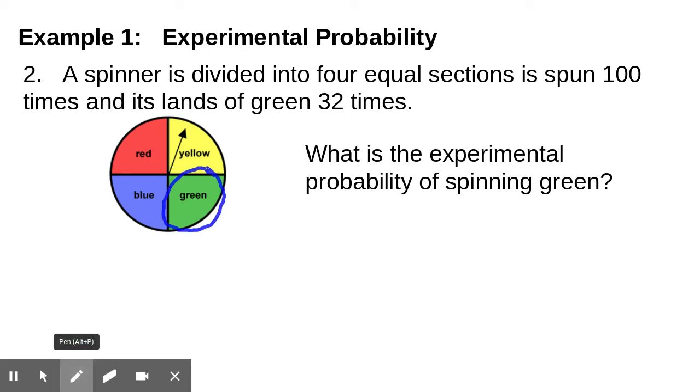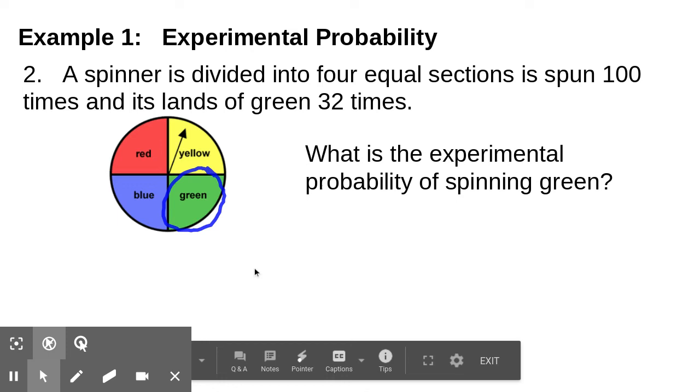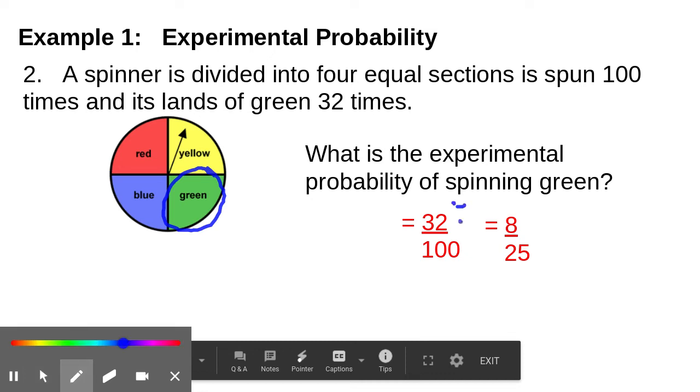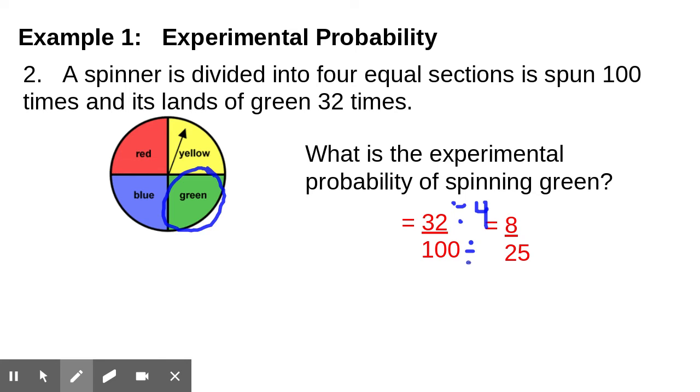Okay, and what is the experimental probability of spinning green? Well, 32 out of 100, because 32 is what I want to have happen out of the 100 total possible spins. That can be reduced to 8 out of 25. And if you're unsure of why it's reduced to 8, you can divide the top, the numerator, by 4 and the denominator by 4. So you get 8 out of 25.